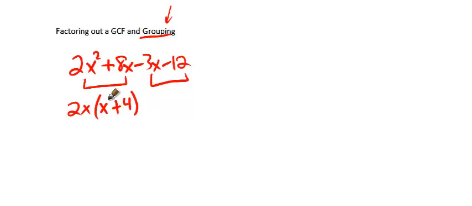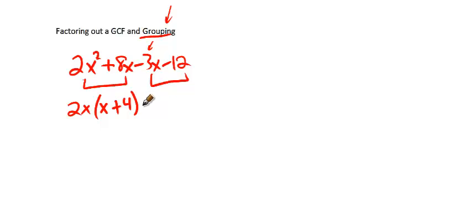Alright, so there's that. Now in the second set, I can't take an x out of everything. I've got a 3 I can take out of both of these. Now one of the things that's a little bit tricky, and it's kind of rough to start with on the very first problem, is I really want the signs to mesh up. Anytime this first number is negative, right here, you're generally going to be taking out a negative number.